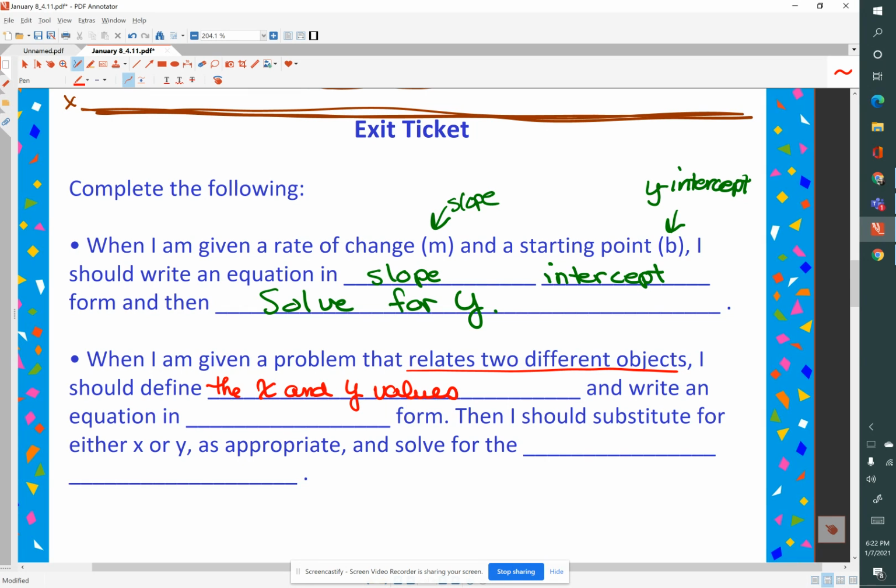I mean, you have to look at the problem and see what you're dealing with. Then you write an equation in standard form. And then I should substitute for either x or y as appropriate. Sometimes you're going to solve for x, sometimes you'll solve for y. Then solve for the remaining variable. And that's generally how those problems work.